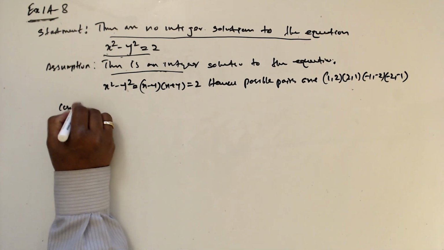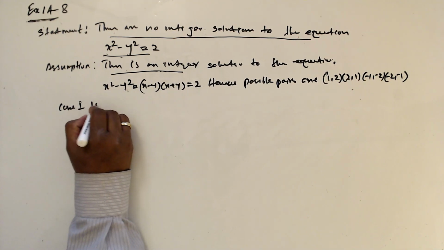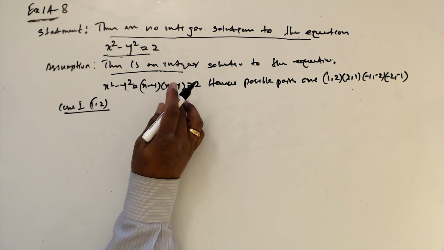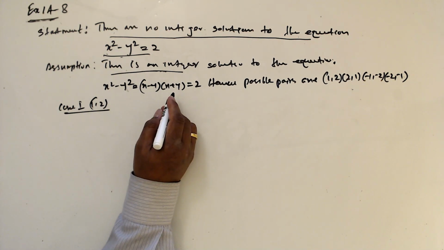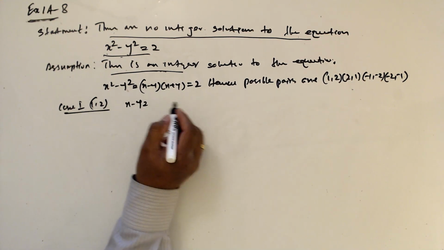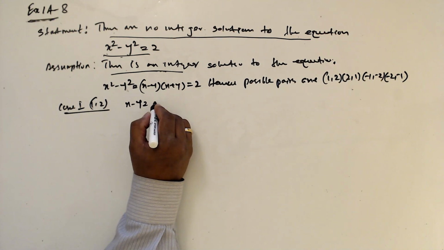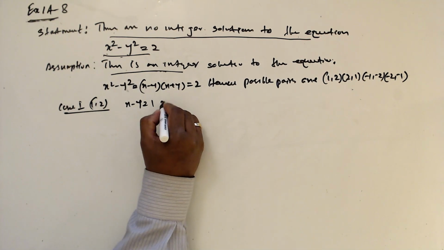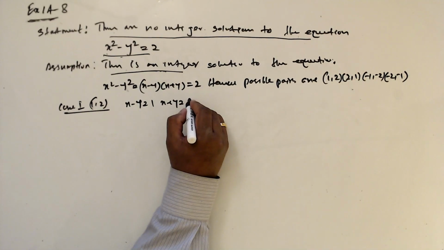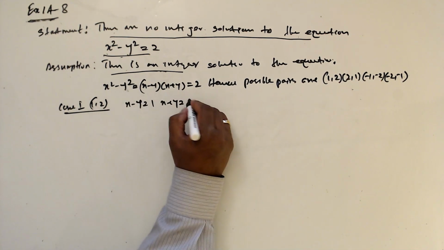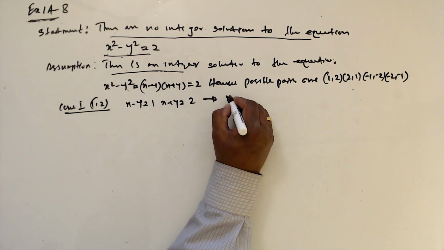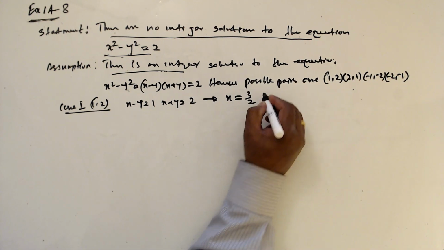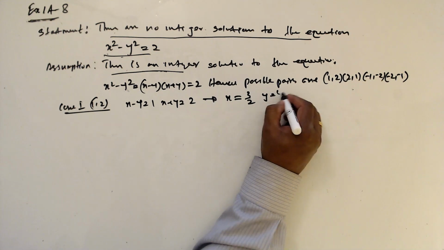So, case 1: 1 and 2. So then, we'll write x minus y equal 1 and x plus y equal 2. Then this will give x equal 3 over 2 and y equal half.